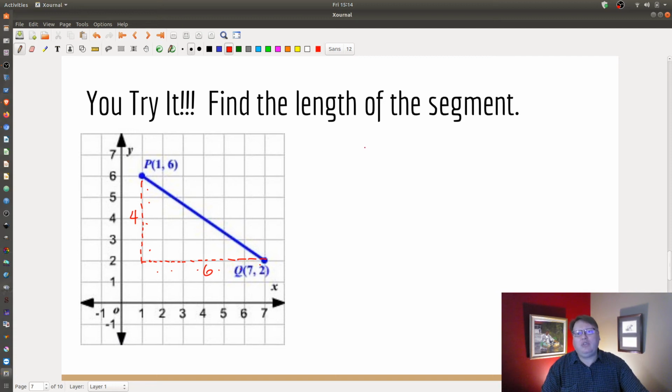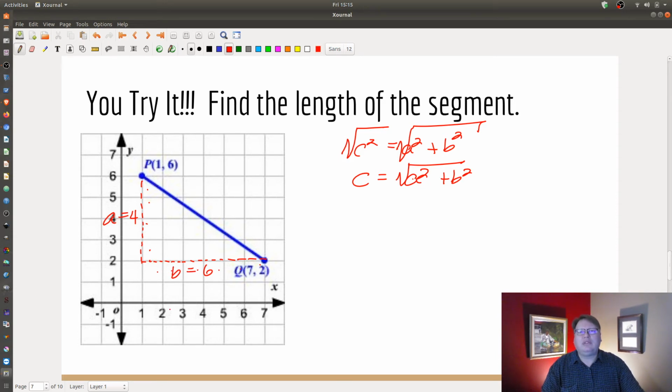If I do my Pythagorean theorem, I'll do it from scratch here, that way you know what I was talking about on the last slide. I'm going to square root both sides of the Pythagorean theorem and get c is equal to the square root of a squared plus b squared. Your a is equal to 4, your b is equal to 6. It doesn't matter which one I call a and b, they're just the leg measures.